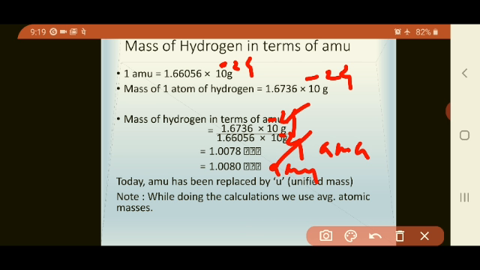Now in present days, instead of AMU, we are using one more unit, that is u. u stands for unified mass.